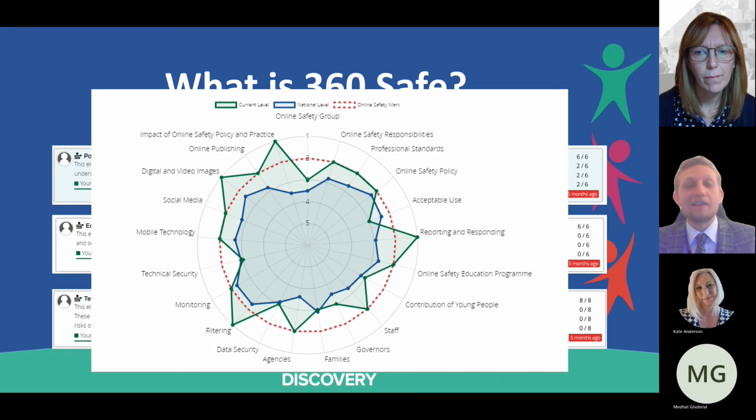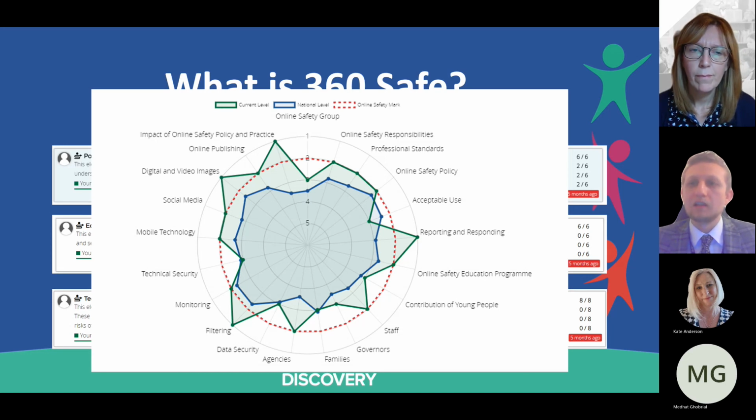Now, if the evidence you put isn't true, that's a different story. Obviously, they're going to turn around and say no. But if the evidence you've listed looks like the right quantity and quality of what they're looking for, then you're in with a good chance of getting the award. They will come back to you if they don't think you're quite ready before you pay a lot of money.